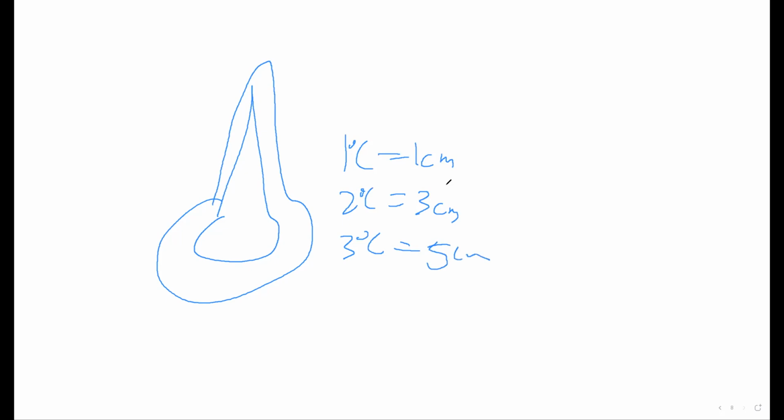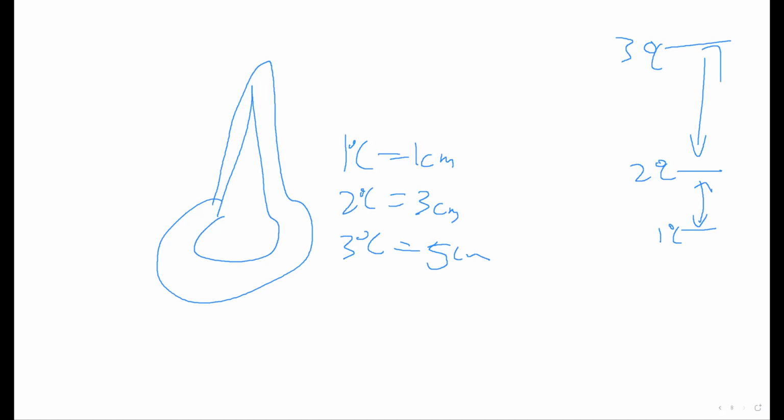So your reading will be, let's say, here is 1 degree Celsius, here will be 2 degrees Celsius, and here will be 3 degrees Celsius. You can see that the difference in length between each and every one of the readings is going to be non-linear. And that is the specific reason why we will only use alcohol and mercury.